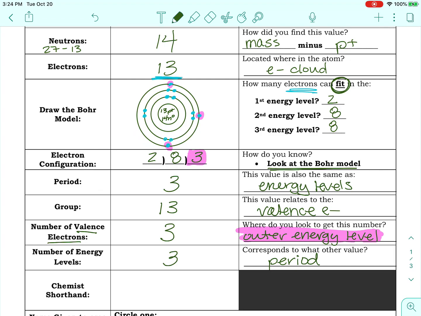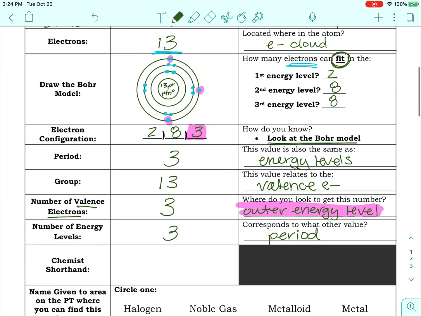Remember, we skipped the transition metals in the middle of the periodic table. So if it has 1 valence electron, it's in group 1. If it has 2 valence electrons, it's in group 2. But if we have 3 valence electrons, we're in group 13. 4 valence electrons is group 14, 5 valence electrons is group 15, and so on, all the way over to group 18.